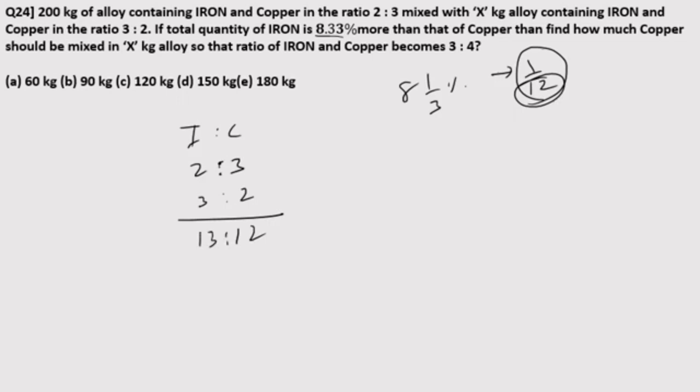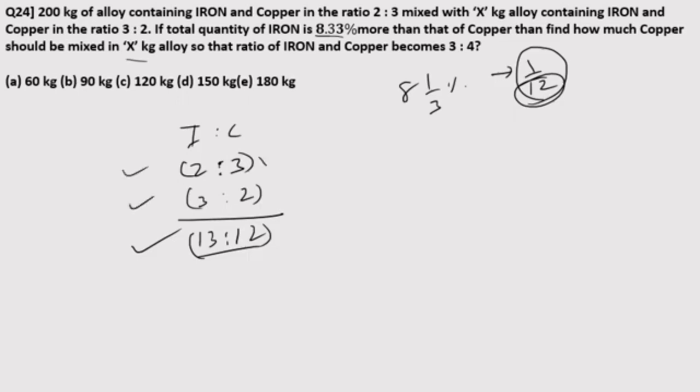Now, first of all, let me find x. Tell me one thing, guys, these two mixtures are mixed to form this. They are mixed in what ratio? Let's find the ratio. This part is how many units? 13 plus 12, 25 units. This is 5 units and this is 5 units.